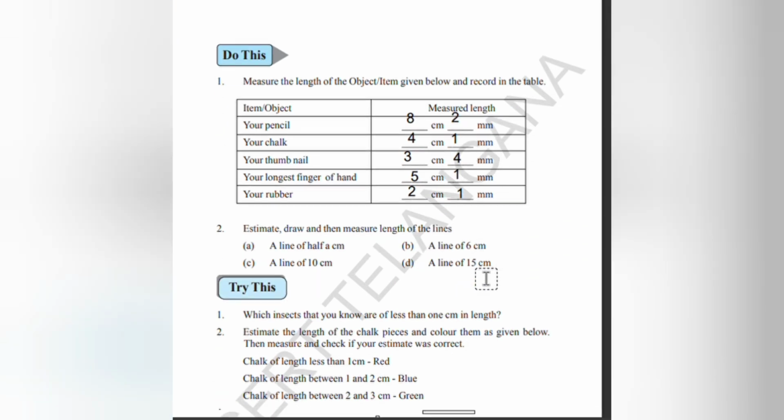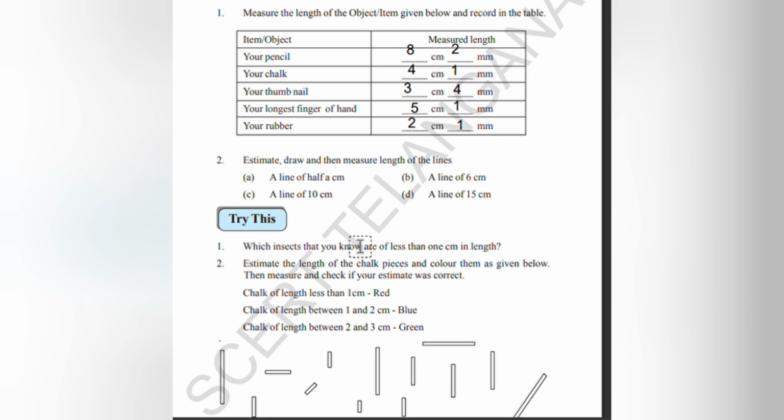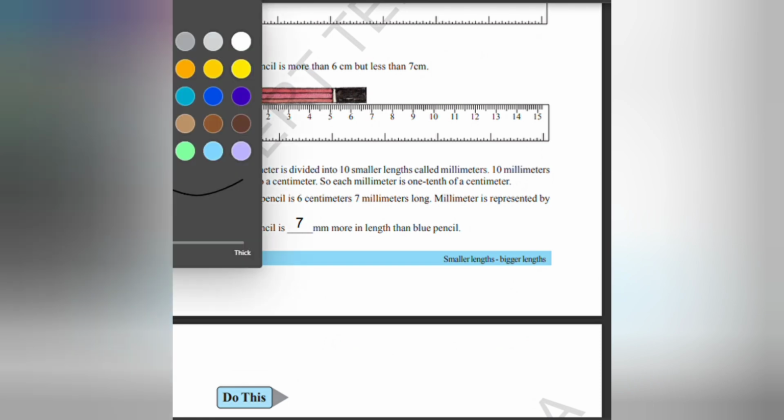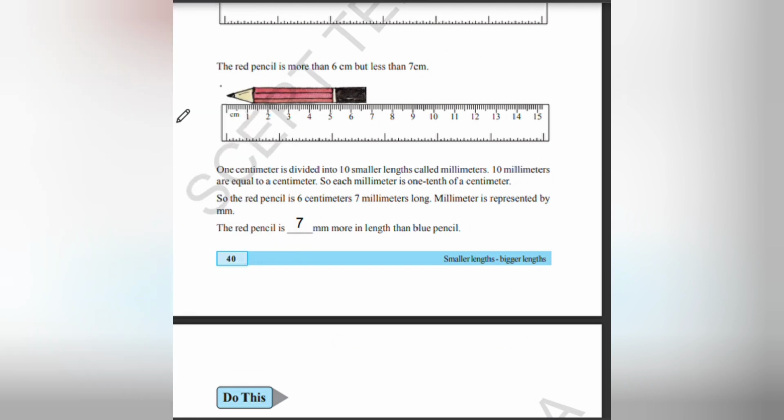Okay. Draw and measure the length of these lines. A line of half a centimeter, a line of 10 centimeters, a line of 6 centimeters, and a line of 15 centimeters. So here is the scale given. Half means how much will it come? Half means it will come up to here. Okay, this is half centimeter.